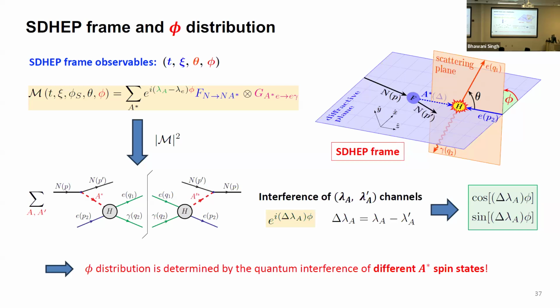And because the cross section is a real quantity, we know that this phase will turn into a cosine and sine of this phi. So in this way, we know why the azimuthal angle is interesting, because it characterizes different A states. And we also know that how the phi distribution is generated is completely determined by the quantum interference of different spin states of the A star.